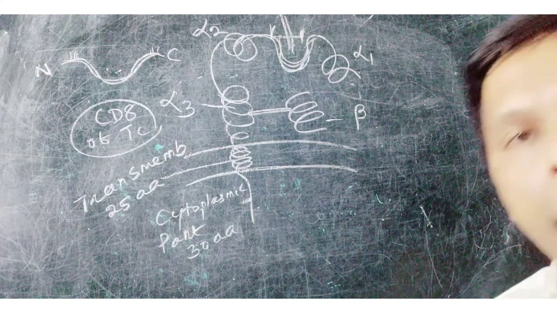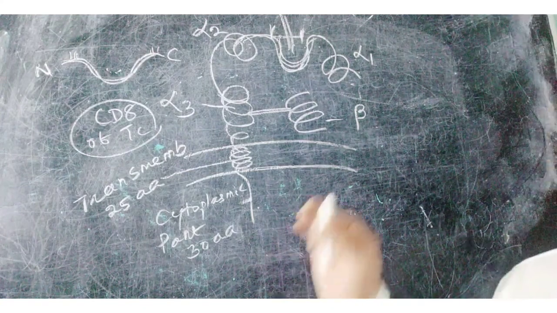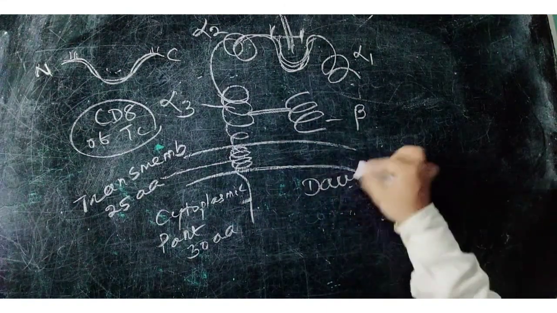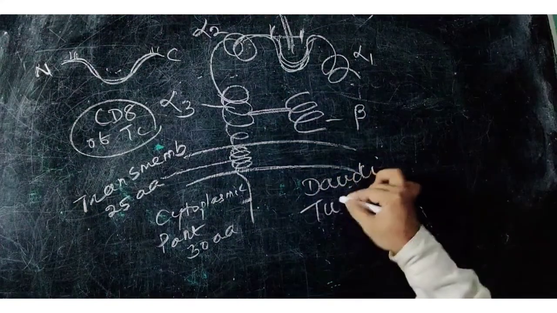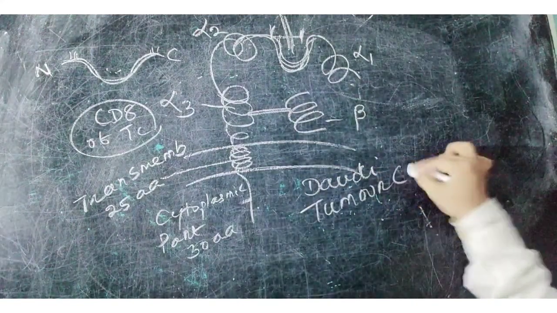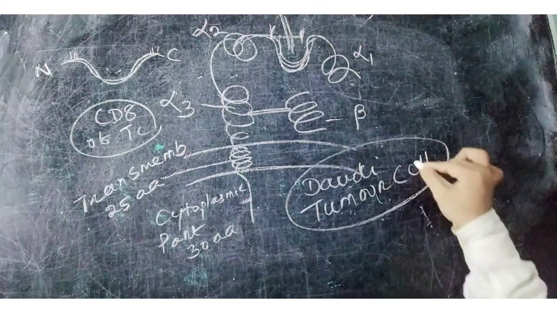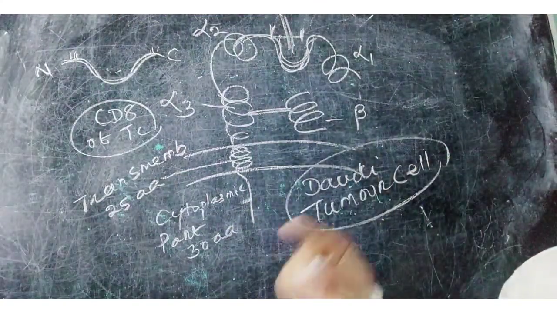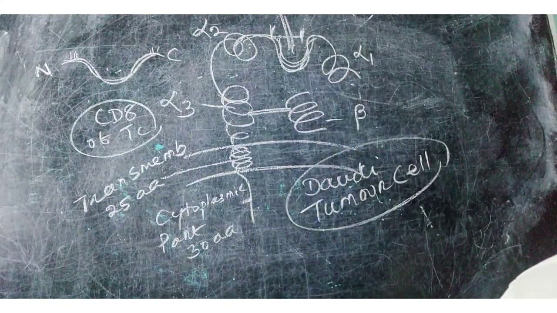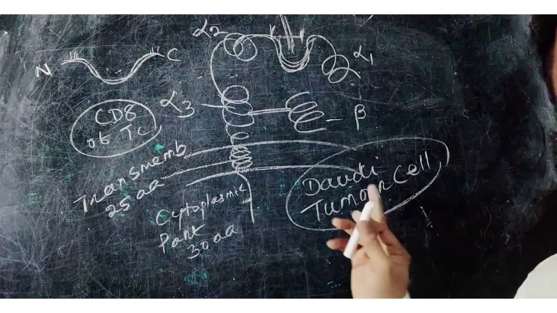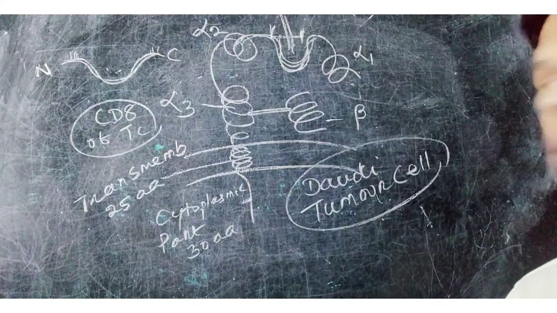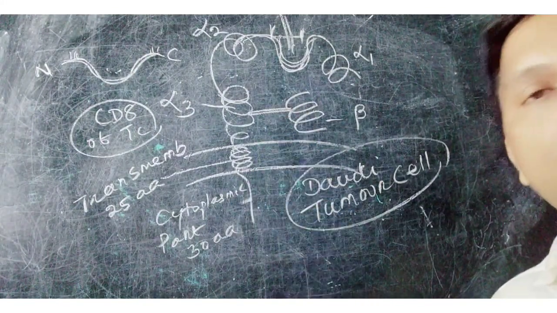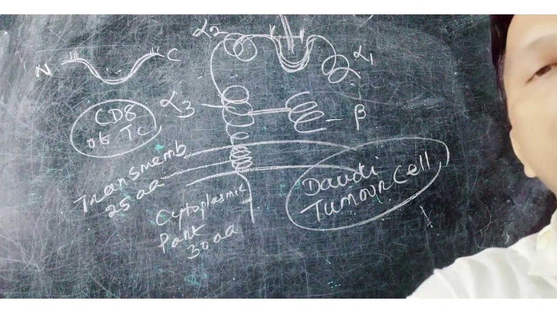When beta cannot be synthesized, the cell is called a Daudi tumor cell. Remember it: the beta chain has not been synthesized, so the alpha cannot be activated. So it is all about MHC1. We will discuss MHC2 in the next video. Thank you all.